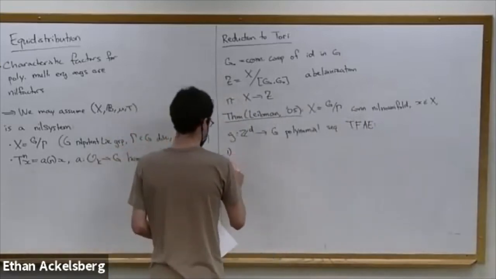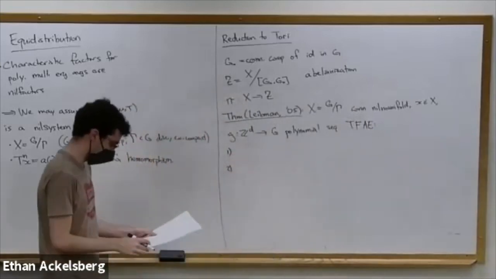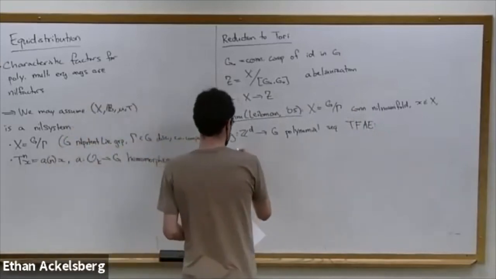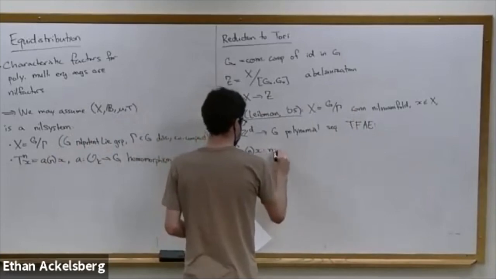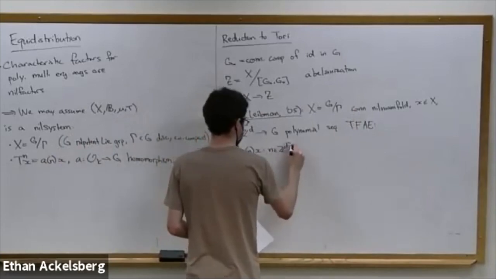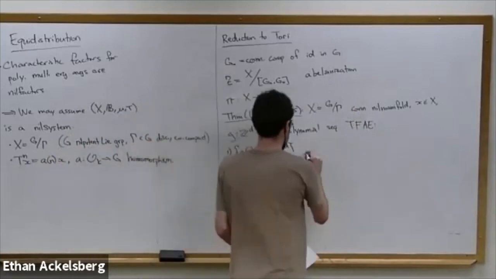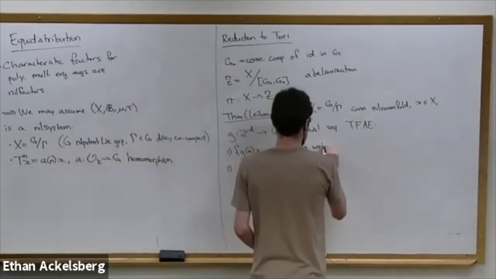Let me write it in sort of the strongest way. So say you want to show that this polynomial sequence is, okay, what's the strongest thing we might want to say? We want to say it's well distributed.